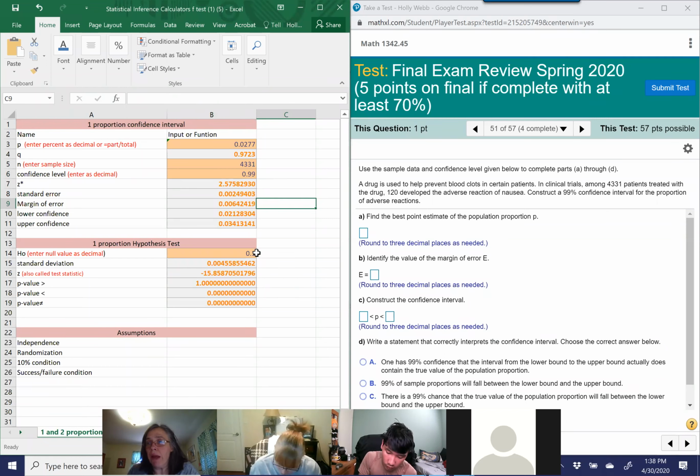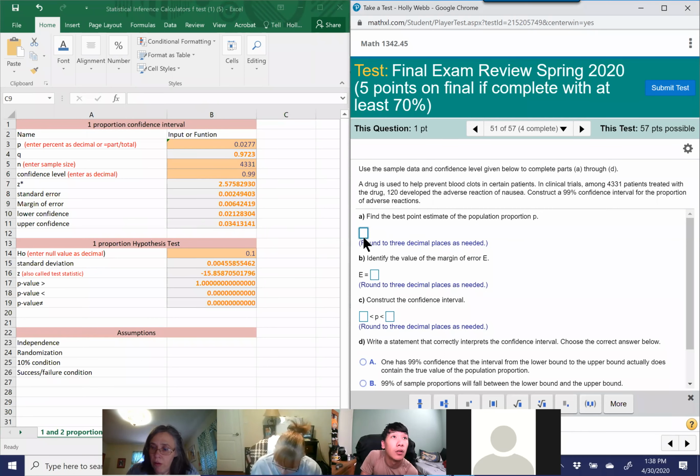I don't have to worry about my null hypothesis because there's not one. My upper and lower are right here. We do want the best point estimate for the population proportion. Remember, that is our sample proportion right here on top. It rounds to 3 decimal places, 0.028. It's about 3%.